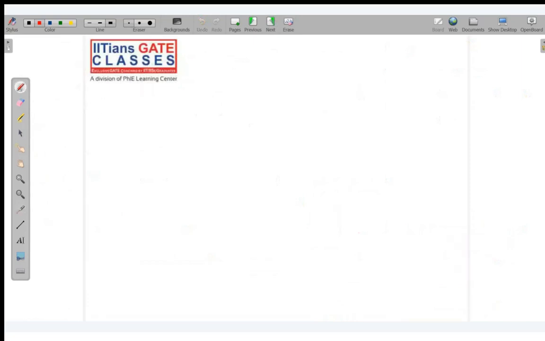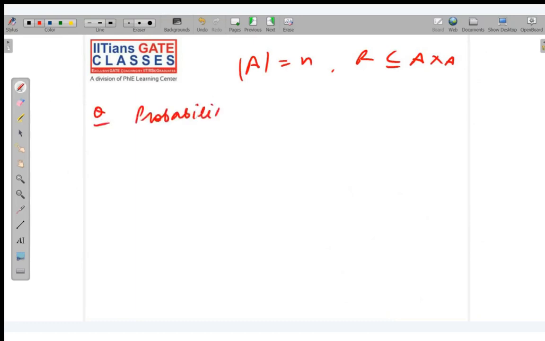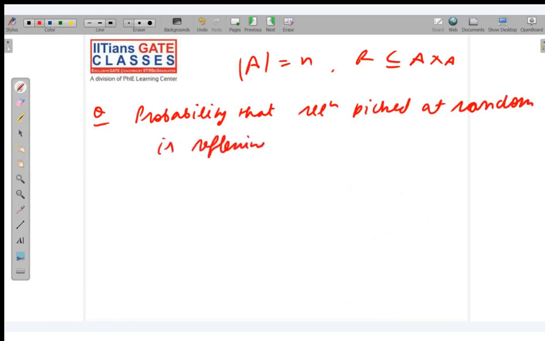They will ask: we have a set A of n elements and a relation is a subset of A cross A, and they will ask the probability that a relation picked at random is reflexive. So what is the probability?